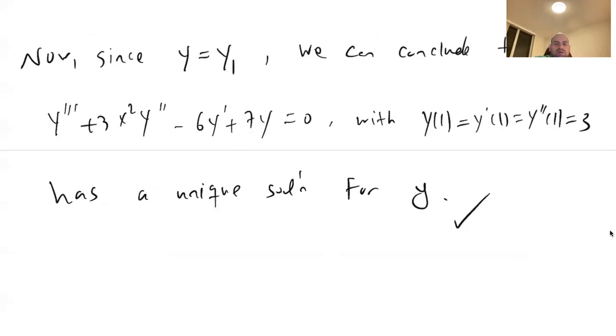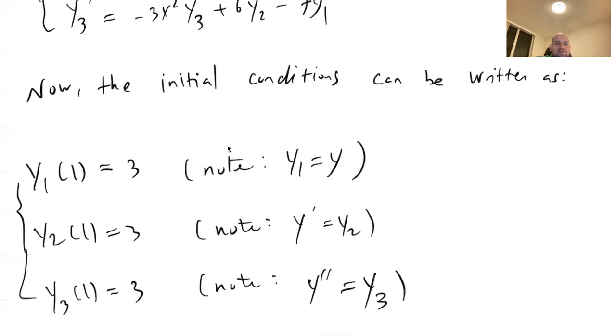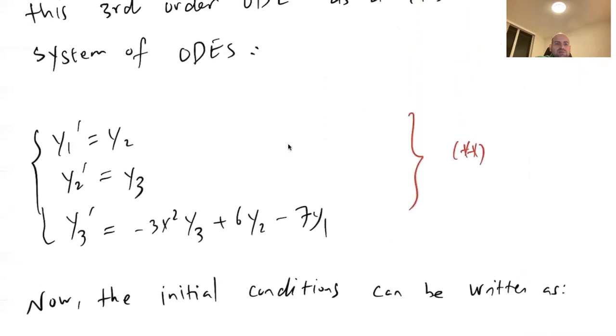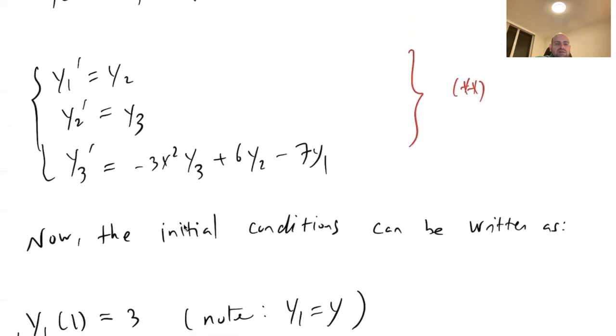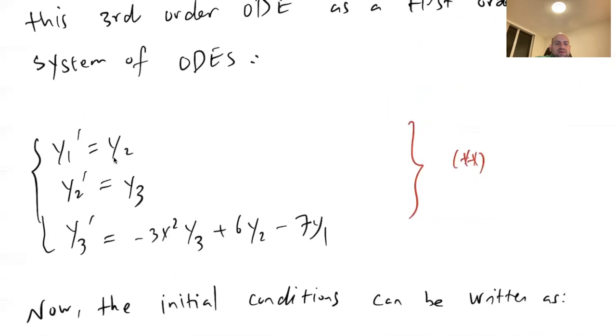All right, so to summarize, the idea was to write this third order equation as a first order system. This was our first order system here. And initial conditions could be written in this form. Now, the theorem said that as long as you have a first order system, look at the functions on the right-hand side.